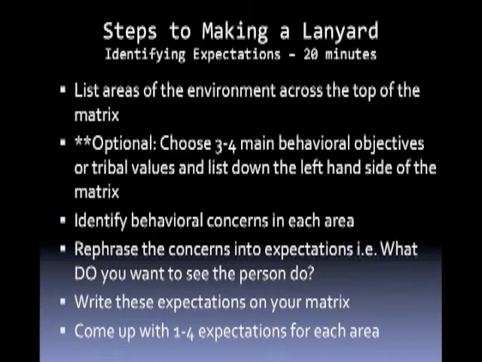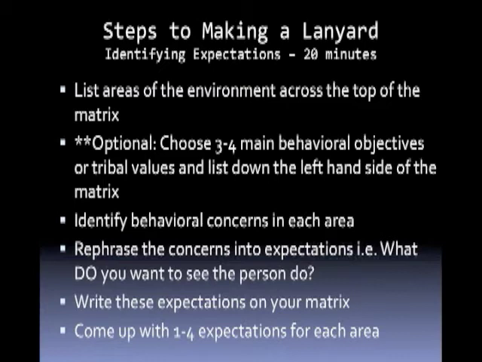You'll have 20 minutes to do this. Across the top of the matrix, go ahead and list the areas of the environment that you would like to focus on. Optionally, you can choose 3 to 4 main behavioral objectives or tribal values to put down the left-hand side, but you do not have to do this.